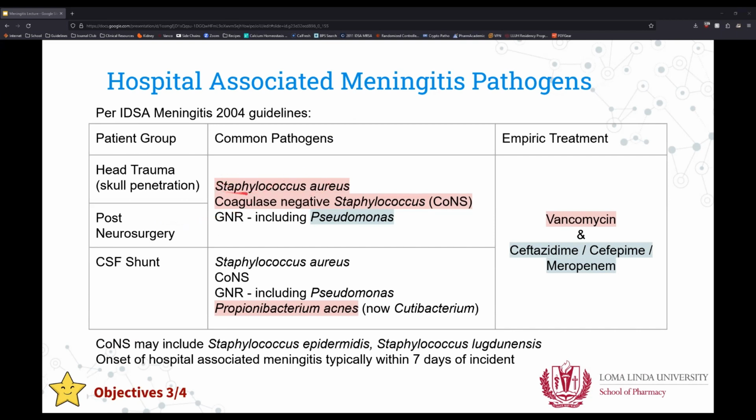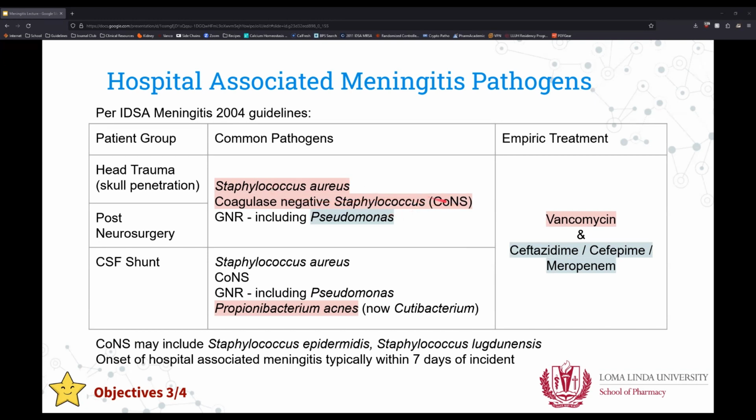So this includes Staphylococcus aureus in this case now. And then coagulase-negative Staphylococcus, or commonly abbreviated as CoNS. This can include organisms such as Staphylococcus epidermidis or Staphylococcus lugdunensis. And then we are still concerned about gram-negative rods. However, now we are also concerned about Pseudomonas and having Pseudomonal coverage.